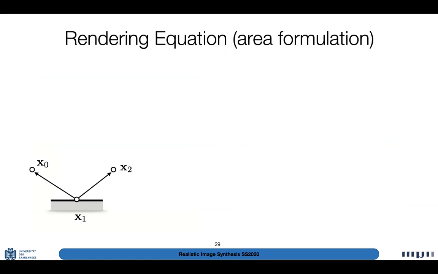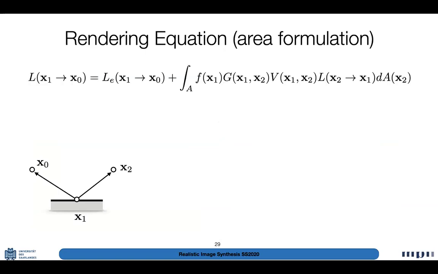All right. Given a hit point, a shading point, and outgoing and ingoing directions, we can write the rendering equation in an area formulation. Here, the first term, L on the left side, is the radiance coming from x1 to x0.